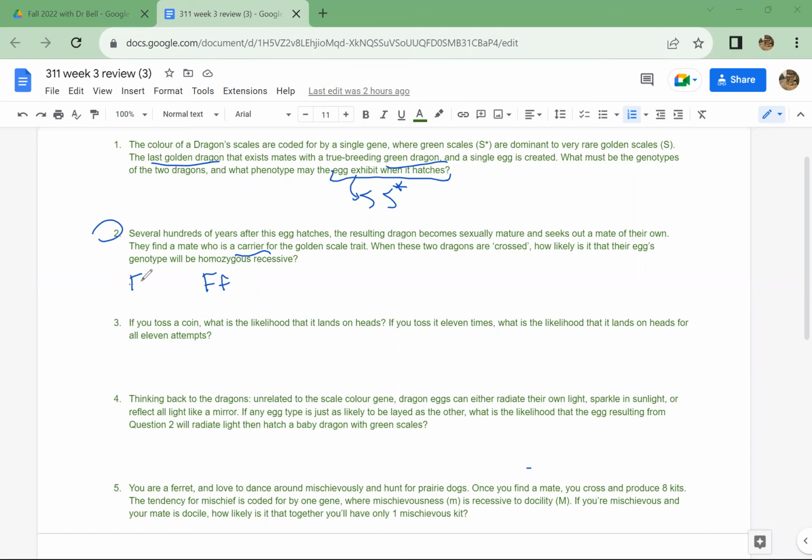And let's also say that it is only controlled by one gene, and there are two alleles that represent this gene. Because it is only controlled by one gene, we're only looking at one locus, the F locus. And because it is only controlled by two alleles, we have two alleles representing it.